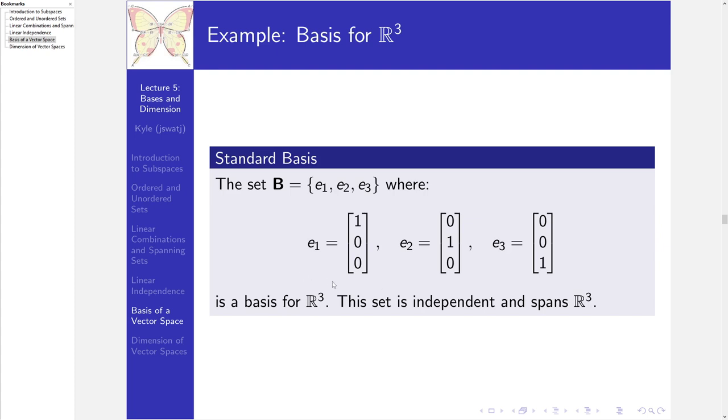This set is a basis for R3 because it is independent. We can't write E1 as E2 or E2 as E3 and E1 or something like that. And it spans every single vector, which means that we can write any vector in R cubed as a sum of scalar multiples of these. Kind of like building blocks for the vector space.